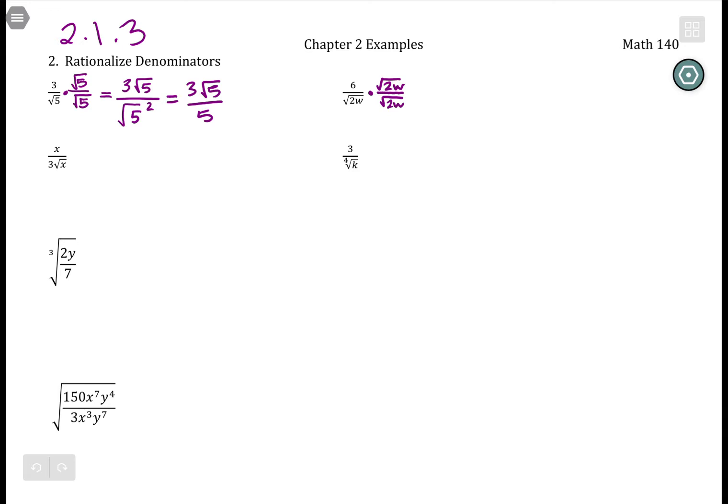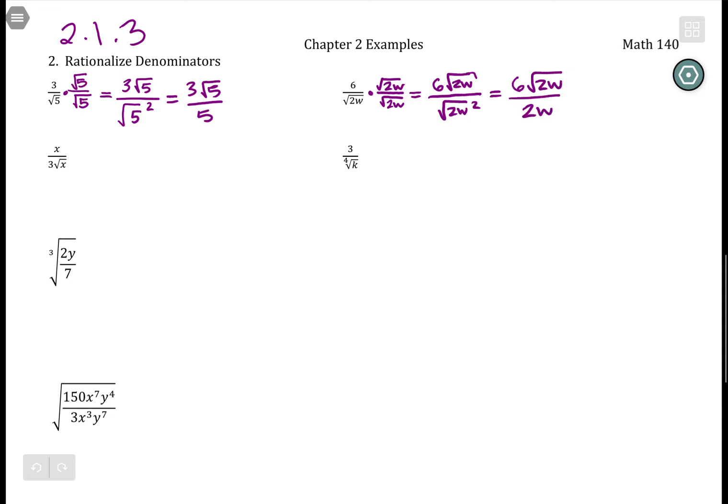So really, we've just taken 6 over root 2w and multiplied it by 1. So I know it has the same value that I started with. On the top, I have 6 root 2w. On the bottom, I have root 2w squared.